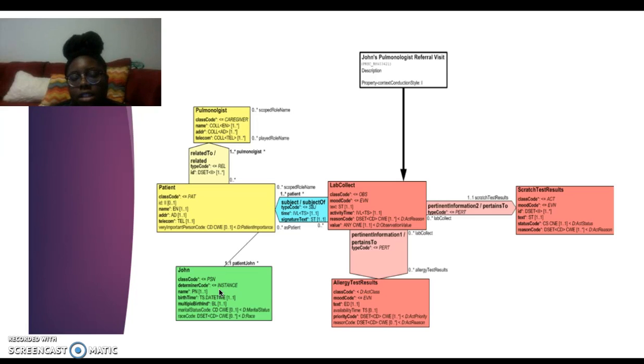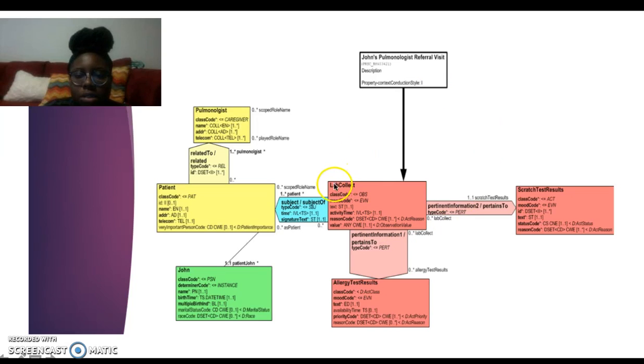So I felt like version 3 would be able to showcase all of the relationships and all of the information in one diagram. So the starting point would be John's pulmonologist referral visit, because that's the section I chose to take out and use for the HL7 messaging.